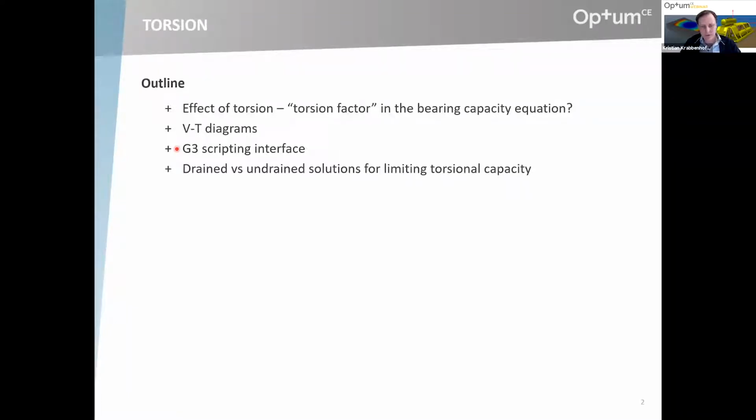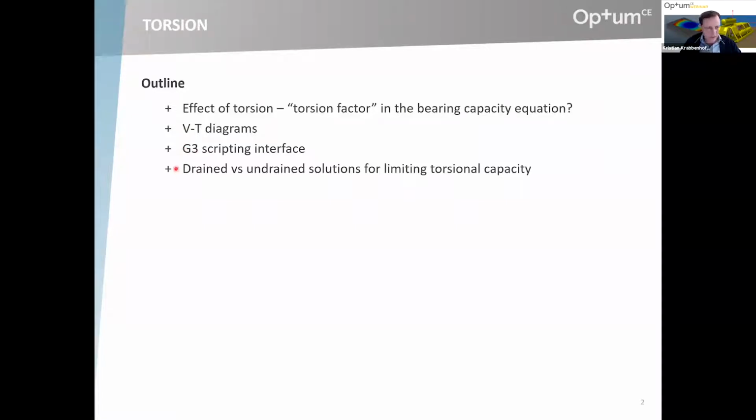There is a scripting interface attached to G3, and I'll give some indication of how that's used for generating VT diagrams, which requires quite a lot of calculations, right? You can do that in an automated fashion with the scripting interface.